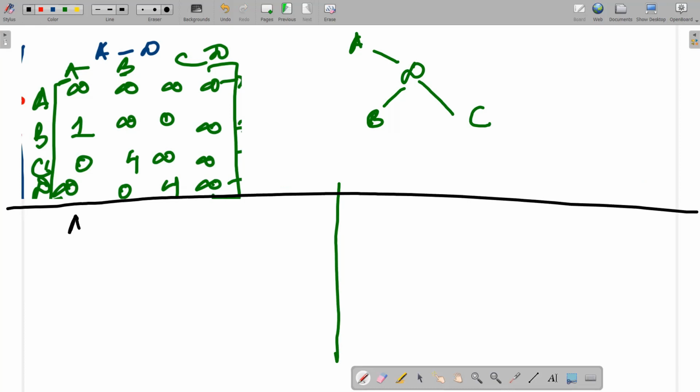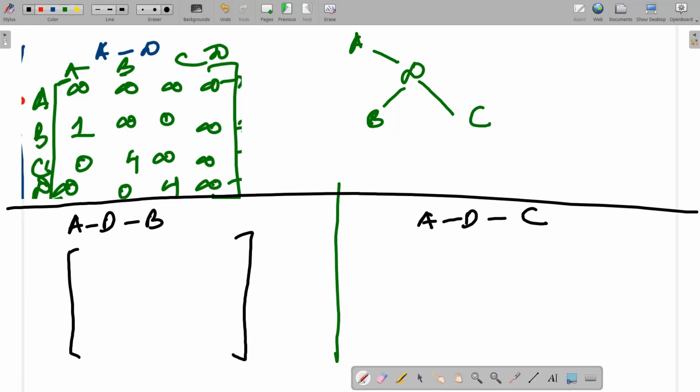We got A to D, D to B, A to D, D to C. So in this way, guys, firstly, what we have to do is keep the A row, D column, and B column as frozen values.